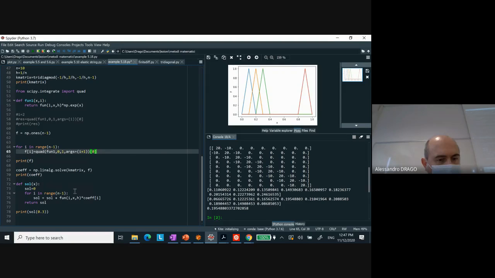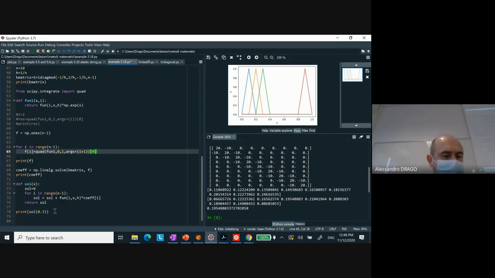And so I have to write a sum, and a sum I can write by initializing to 0, and then systematically adding a new one of these objects. The objects are each of the coefficients that I just computed here, multiplied by the function, and that's it.